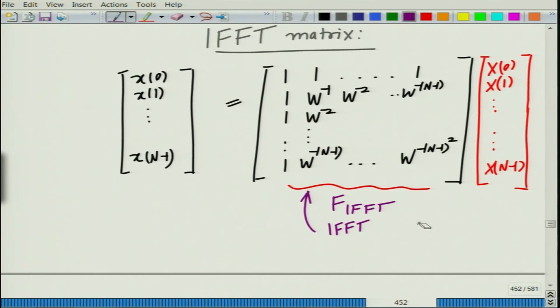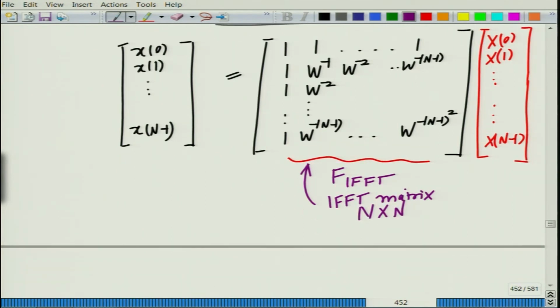This is the IFFT matrix of size n cross n, this is of size n cross 1, capital N cross 1, and this is your small x's.